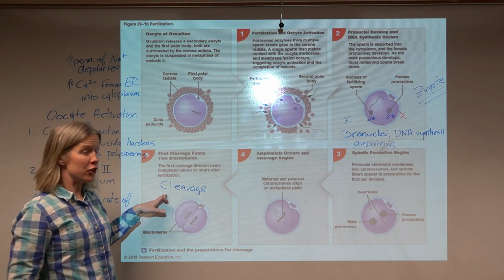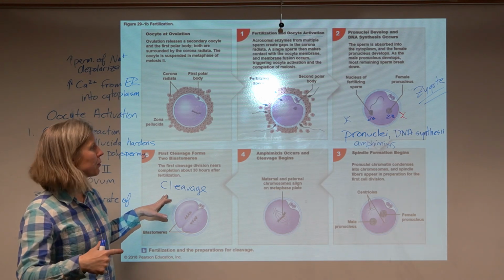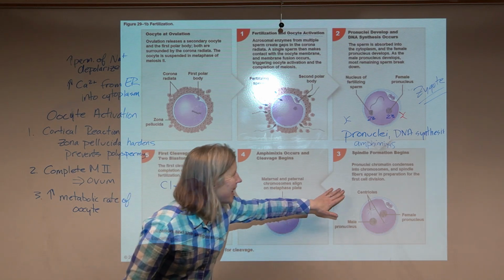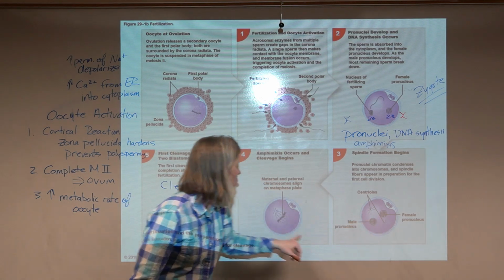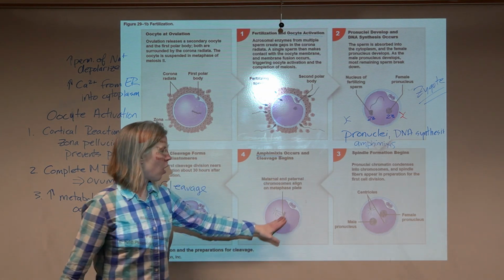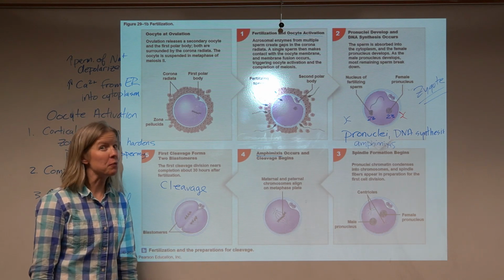But in cleavage, it's just division after division after division, right? Oh, sorry, the figure goes this way. So here we actually see the pronuclei, that amphimixis, when the DNA all comes together as one happy zygote, and then cleavage is going to begin.